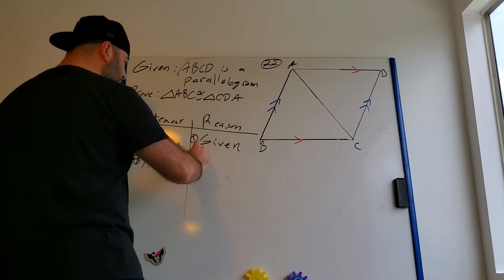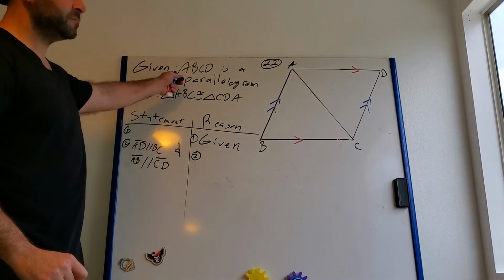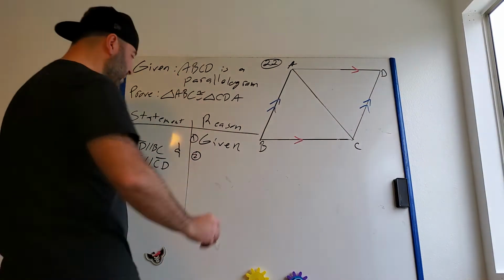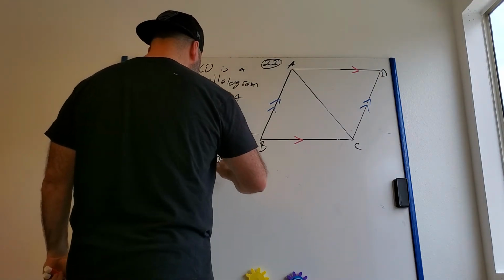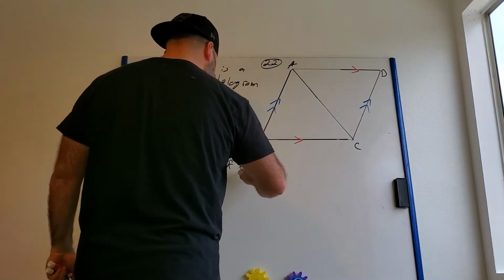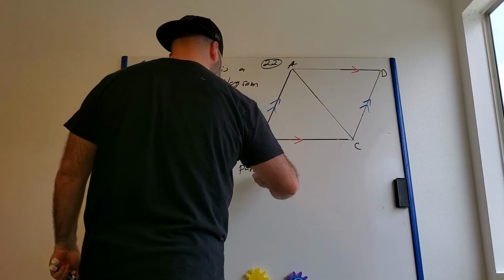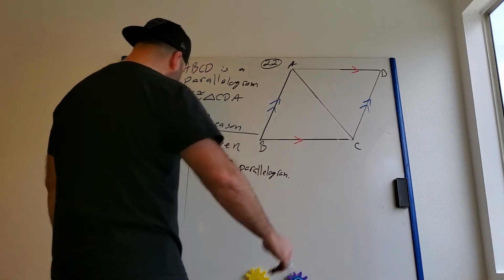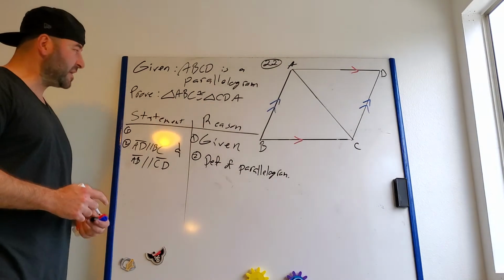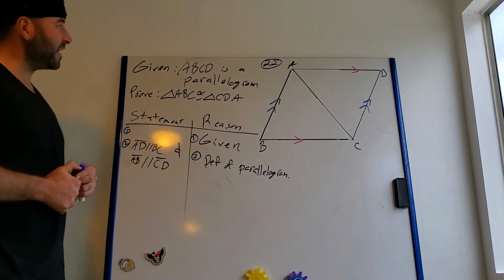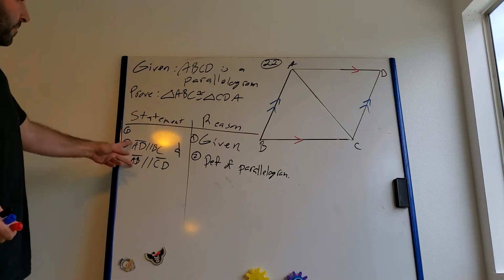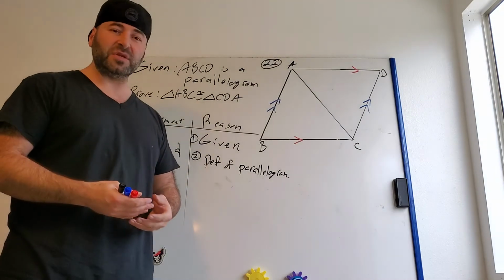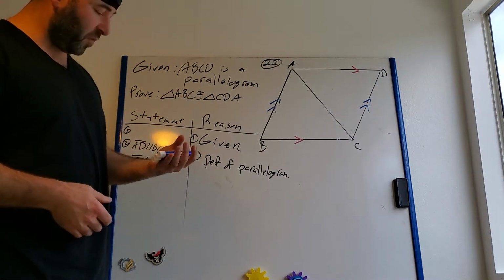Okay, and the reason for that, definition of a parallelogram. So by definition of parallelogram. Okay, so then now we get to move on to the very next ones. Now, anytime they give you lines are parallel, they want you to use what you learned in section 5.4.